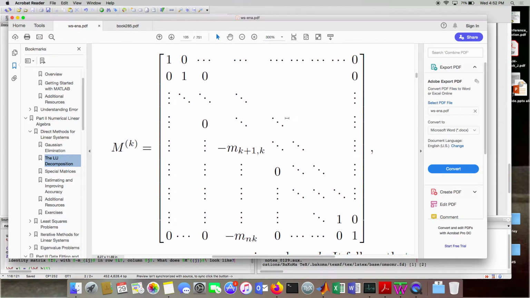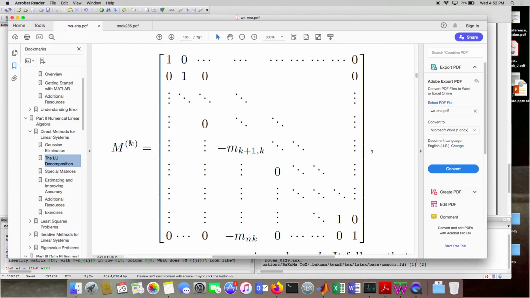Okay, so it's kind of a mess, but the idea is it too is a unit lower triangular matrix because all of these elementary row matrices are unit lower triangular, so their product is unit lower triangular. So we have these 1s down the diagonal, 0s above, but the interesting part is right here.